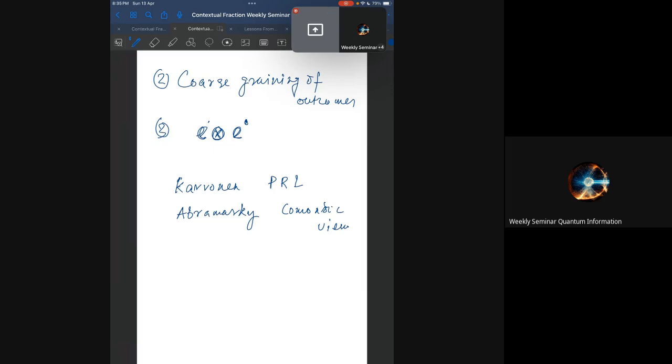As you are saying, some states will violate this KCBS, maybe some states are not violating the KCBS. Good. Yeah.